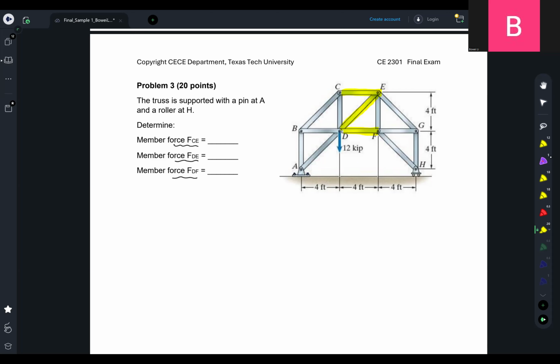So basically, the idea is that we are going to use the method of sections here. Of course, if you want to ask me if I can use the method of joints here? Of course, we can, but if we try that, especially in our exam, it will take a lot of time, because the method of joints requires us to repeat it joint by joint.